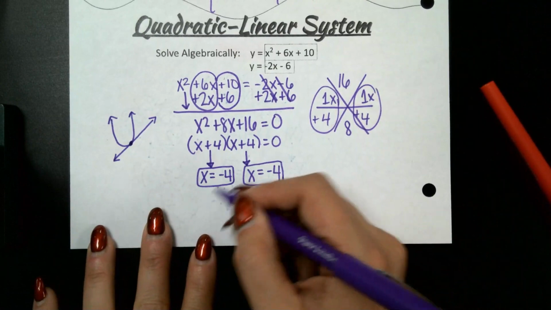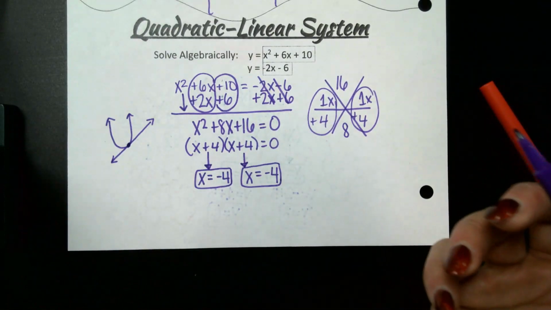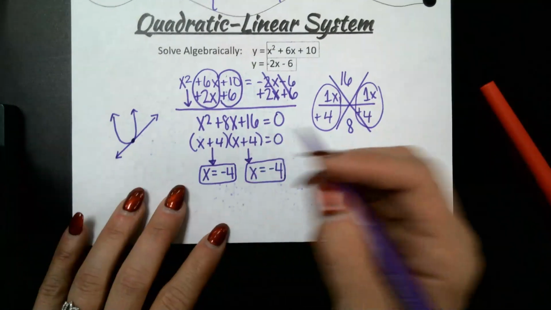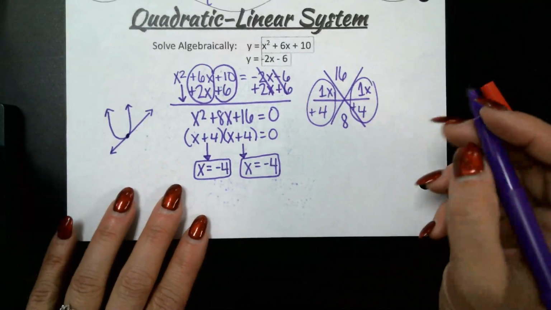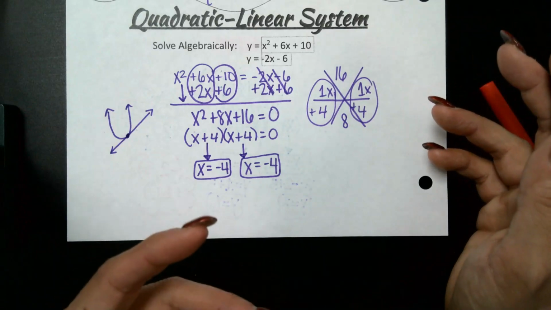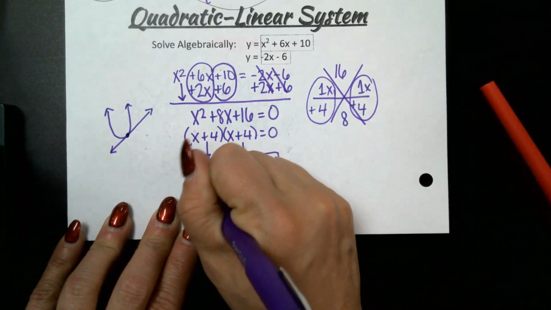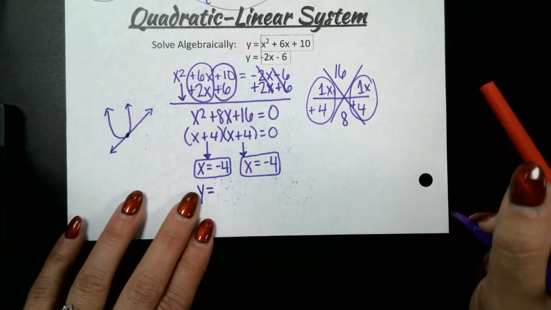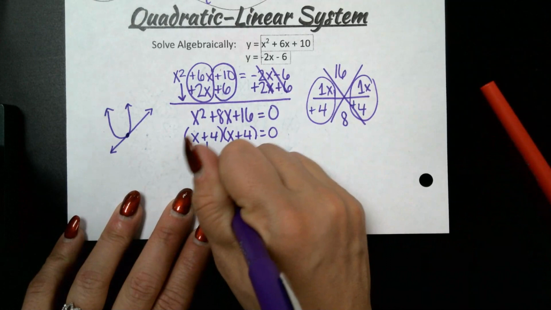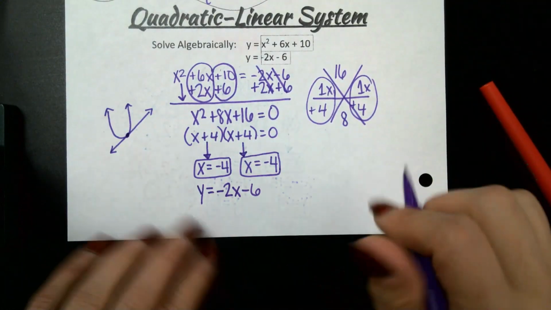So do I really have to plug in this number twice? No, you're just doing extra work. So if you happen to get the same answer twice, you're only going to have one ordered pair at the end, right? You could write it twice, but it's going to be the same thing. So when we go to plug it in to find y, the original equation said y equals -2x minus 6.